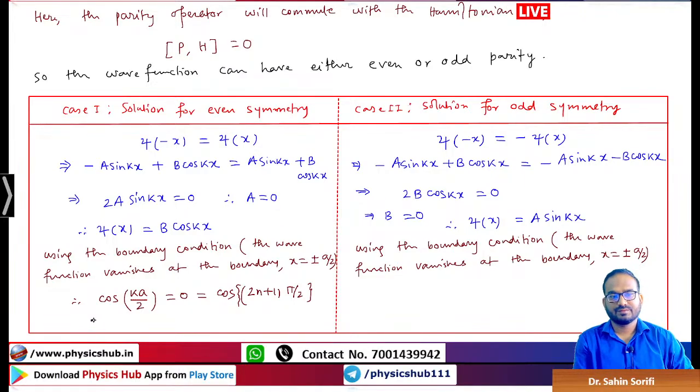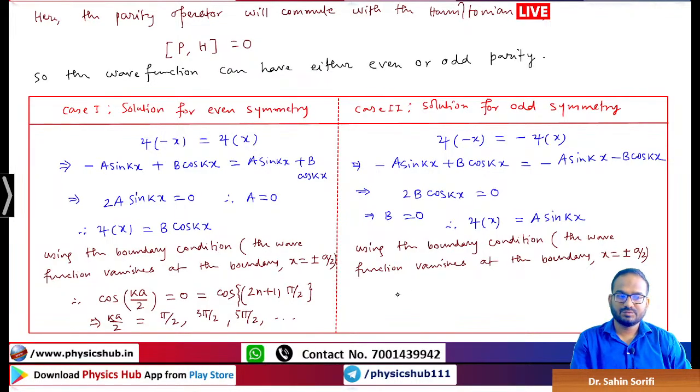So we can say that the values of k by 2 are, if you put n equals 0, pi by 2, then n equals 1, 3 pi by 2, 5 pi by 2, and so on.